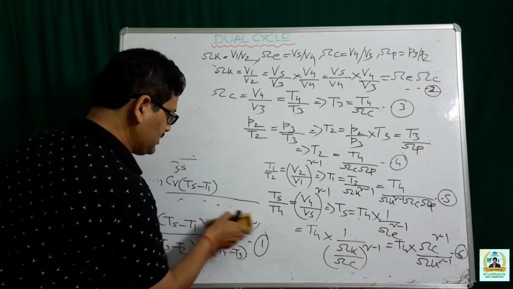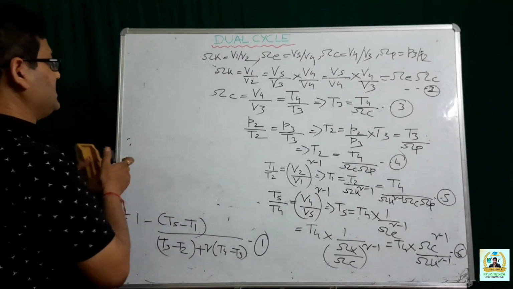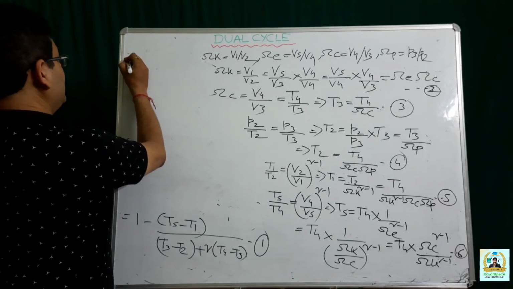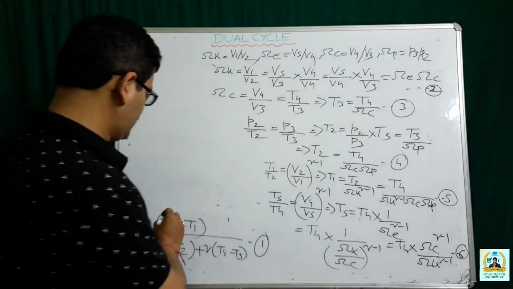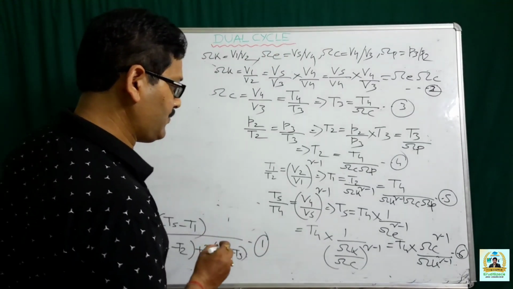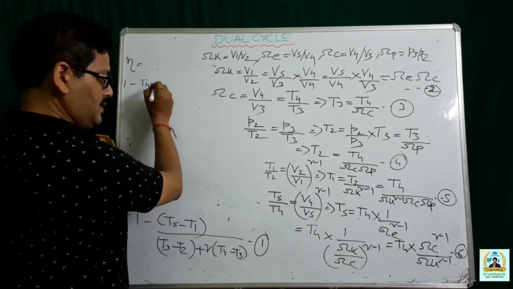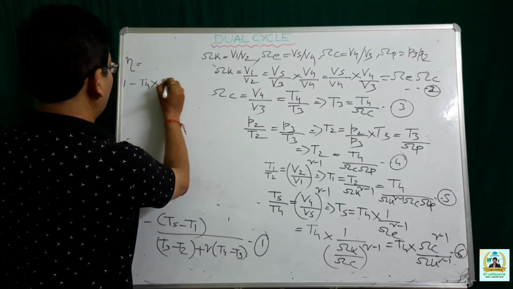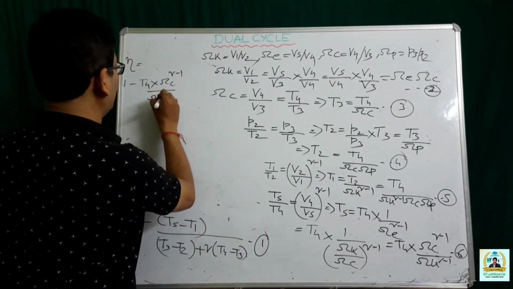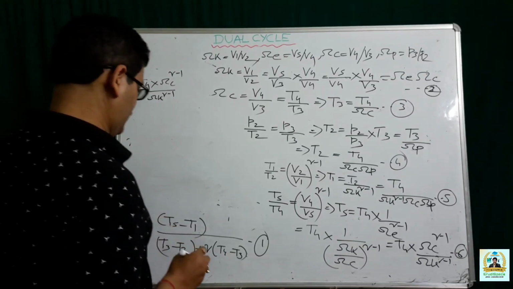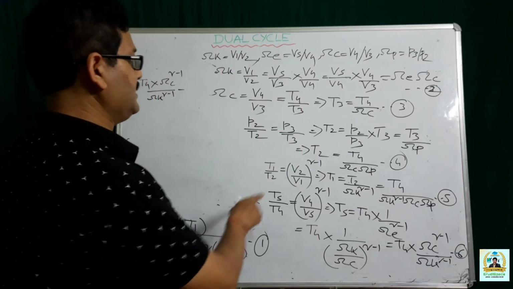So let me substitute the values. Now the efficiency eta is equal to 1 minus, first we have to substitute T5, this is T4 into RC to the power gamma minus 1 by RK to the power gamma minus 1 minus T1.